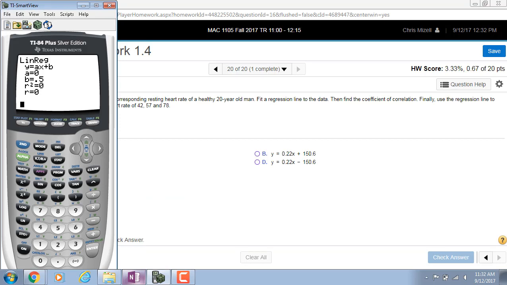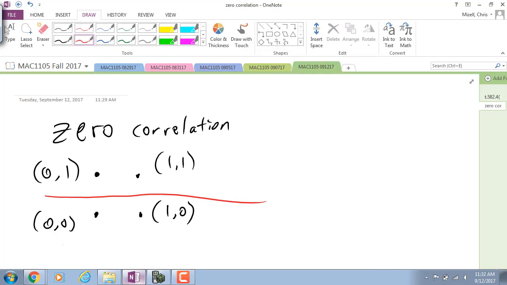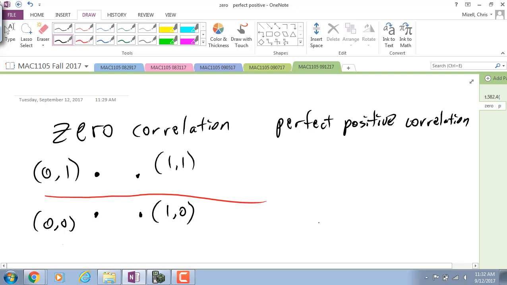If you want the correlation coefficient to be 1, perfect positive correlation, then any collection of points that are collinear will do. You would go with 0, 0, and with positive slope, 1, 1, and then 2, 2.